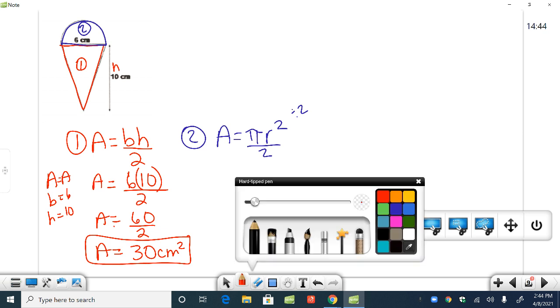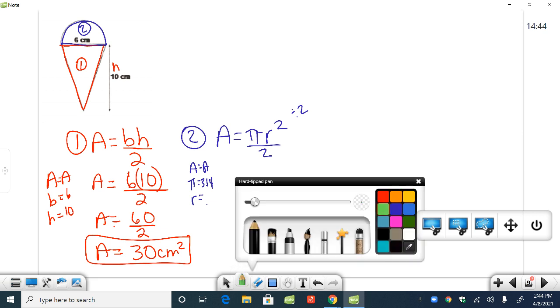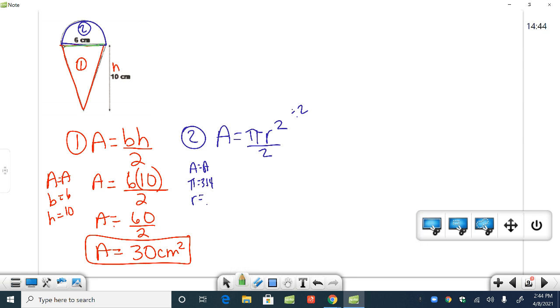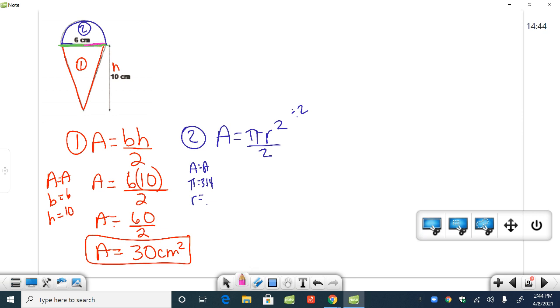All right, so now let's do the circle, or the half circle. I didn't give you the area. We know pi is 3.14. The radius is half of the diameter. Well, the diameter is this whole thing, so that means that the radius is half of it, which is half of 6, is 3. So let's just plug in our number.